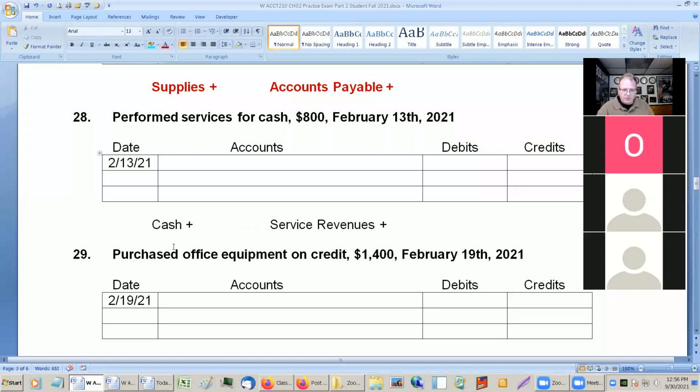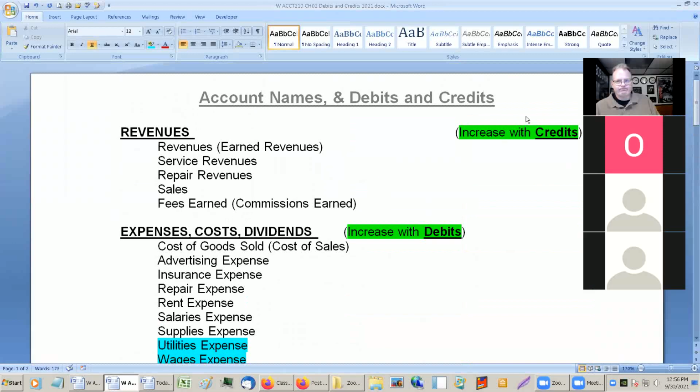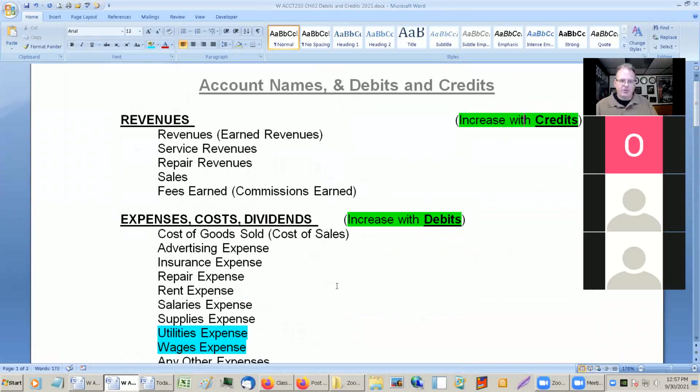Now, revenues are one of our favorite things. Anyway, whenever you see revenue, credit. So you know whatever the other side is going to be, a debit.